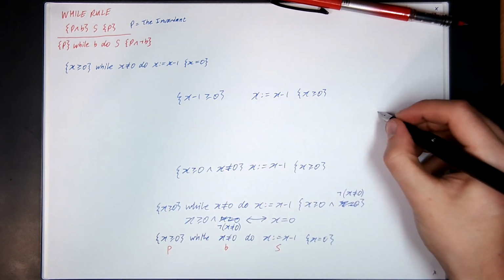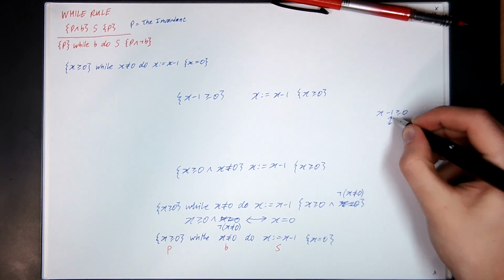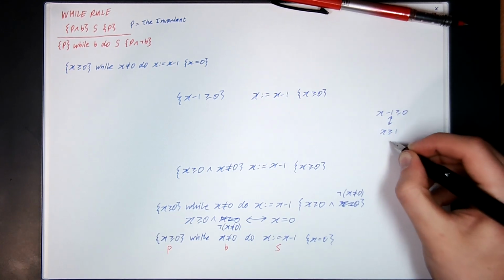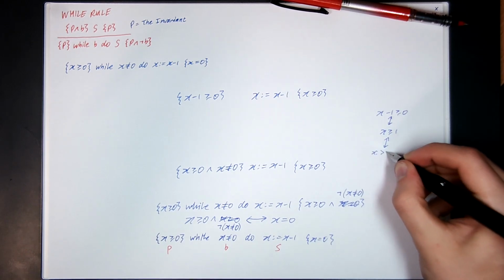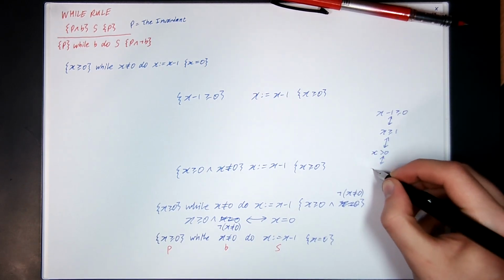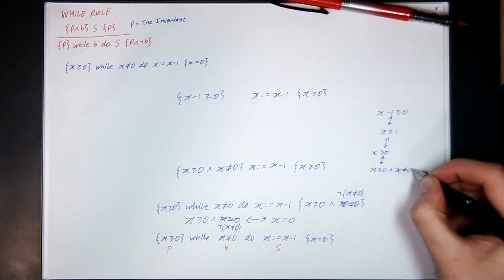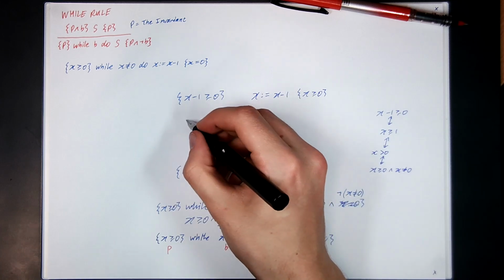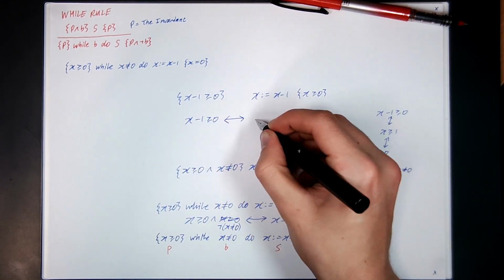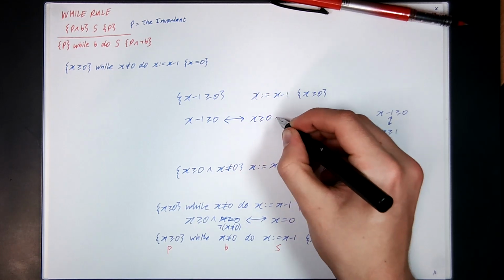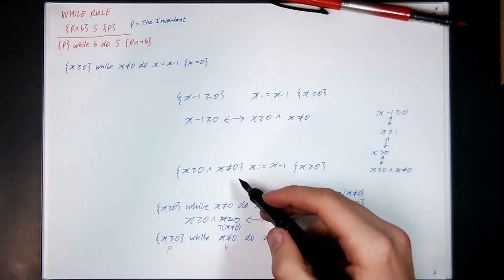So I'll annotate my margin here. x minus 1 is greater than or equal to 0 if and only if x is greater than or equal to 1, which is if and only if x is strictly greater than 0, which is if and only if x is greater than or equal to 0 and x is not equal to 0. Cool, that checks out. So these two preconditions are equivalent.